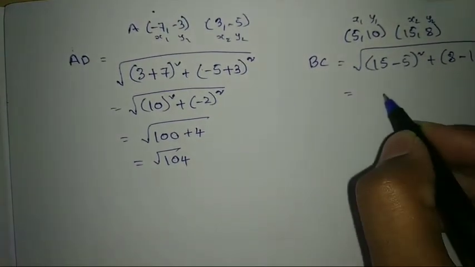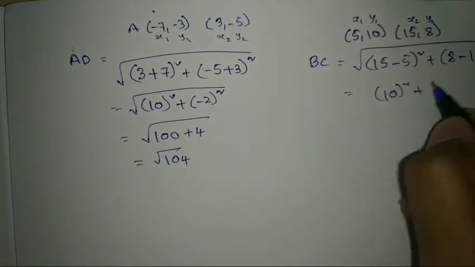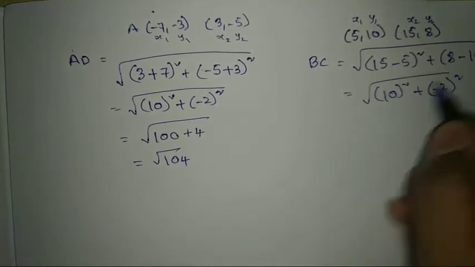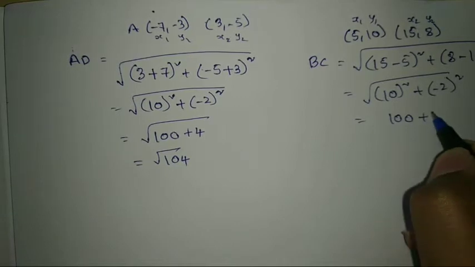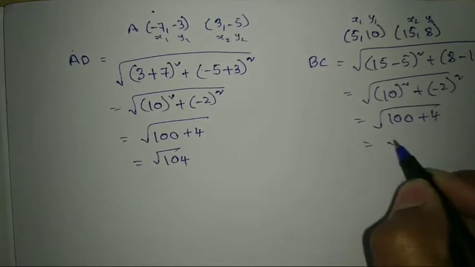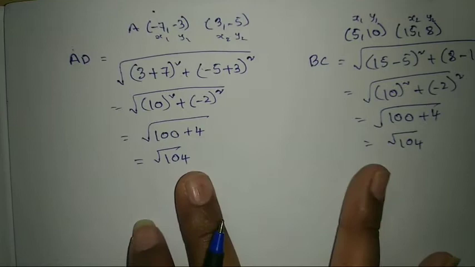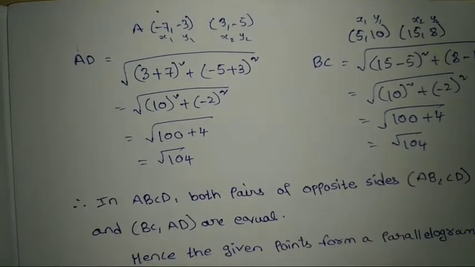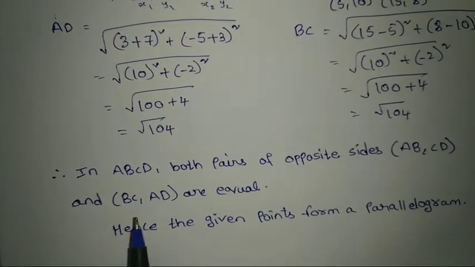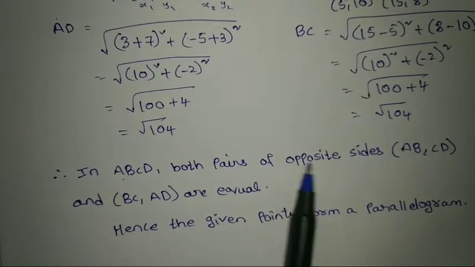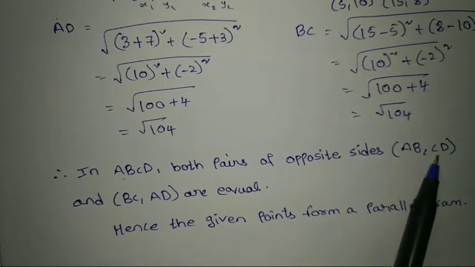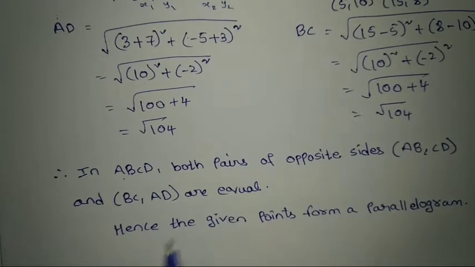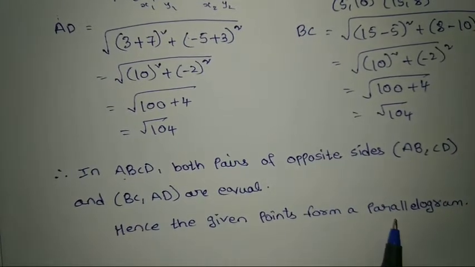So 15 minus 5 is 10 square plus 8 minus 10 is minus 2 whole square. 100 plus 4. We got root 104. We got the same values. Therefore, in ABCD both pairs of opposite sides, AB and CD are equal and BC and AD are equal. So hence the given points form a parallelogram. Okay.